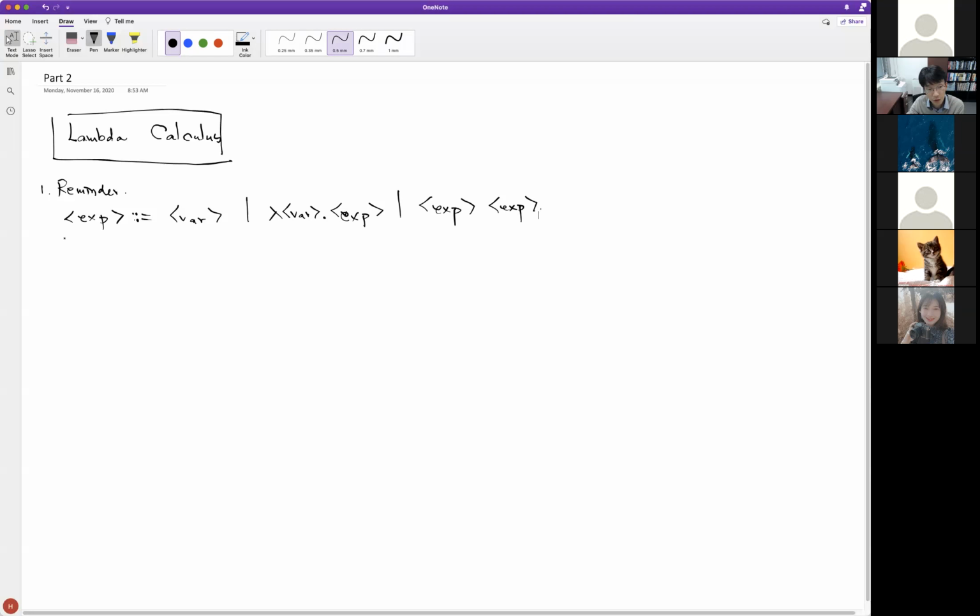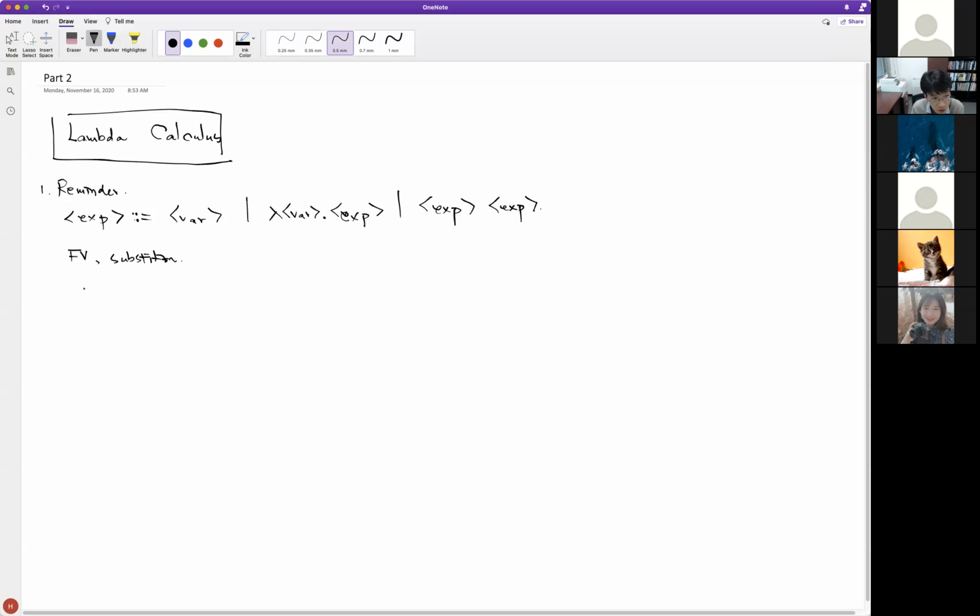And then, just like in any other languages that we studied before, we defined some operations like the notion of a free variable and the notion of substitution, and applying the substitution on Lambda expressions in this language.